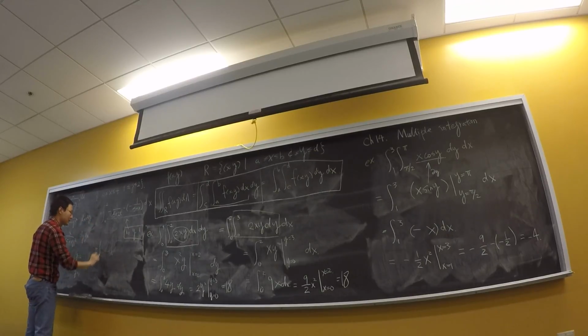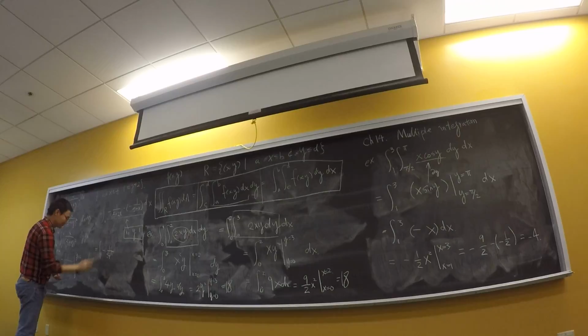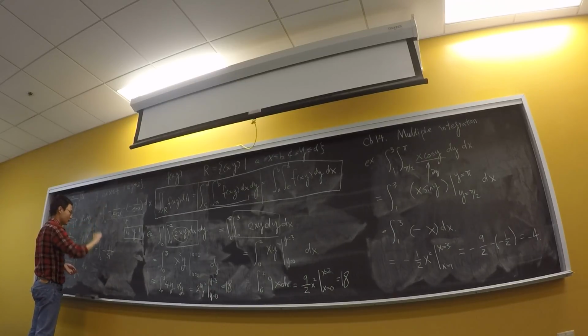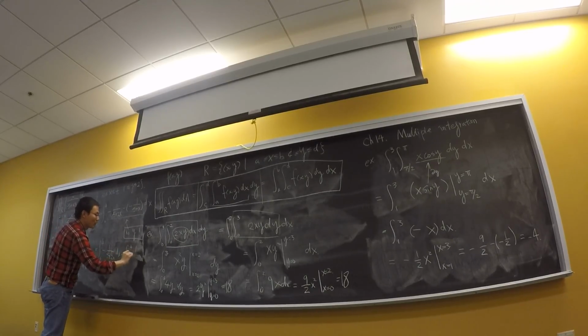So the first one is going to be from 0 to 2, minus 1 over 5 plus, oh, sorry, minus 4 plus 2x dx, then plus from 0 to 4, 1 over 5 plus x dx.